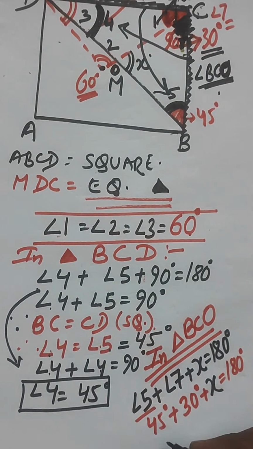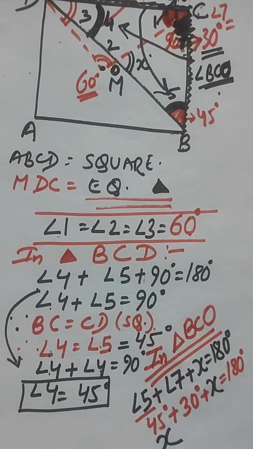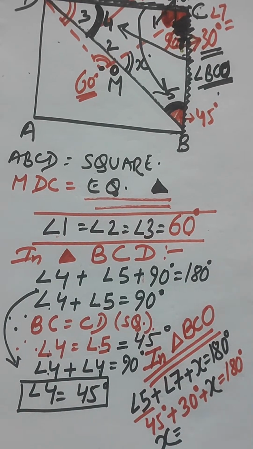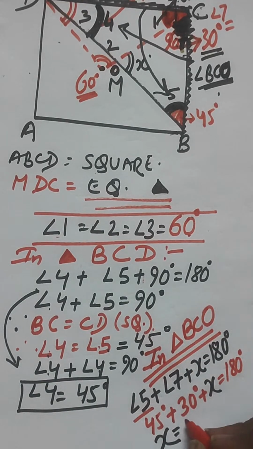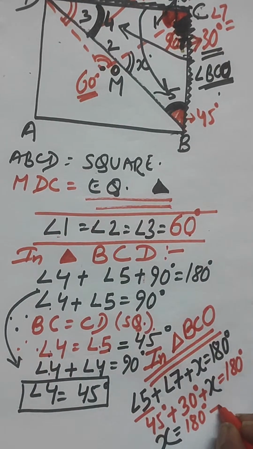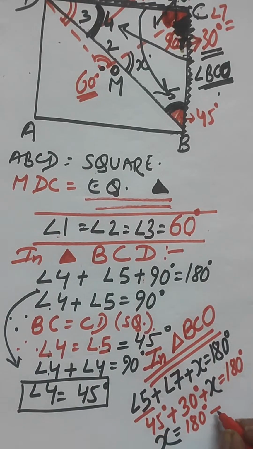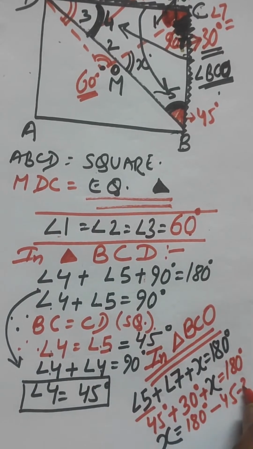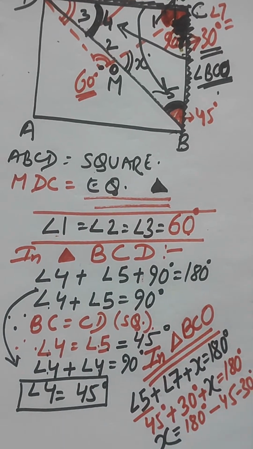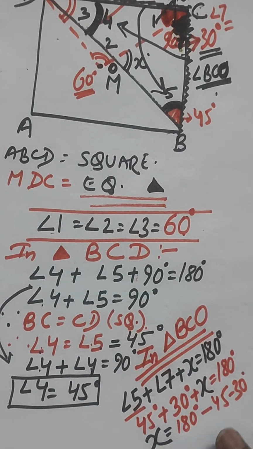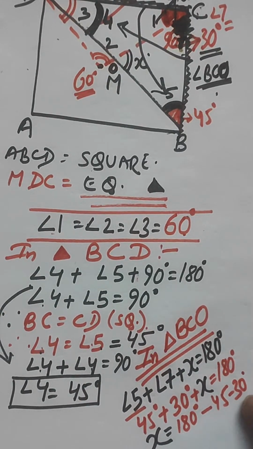So this will give you the value of x. What is the value of x? x will be 180 degrees minus 45 minus 30, right? 45 and 30 make 75.